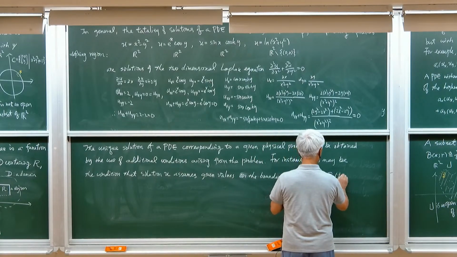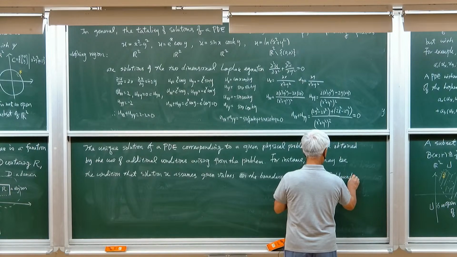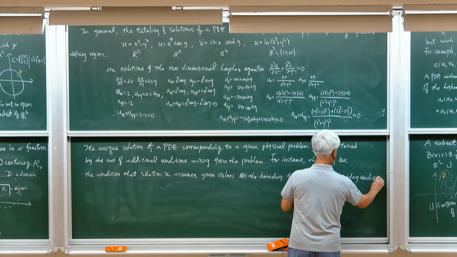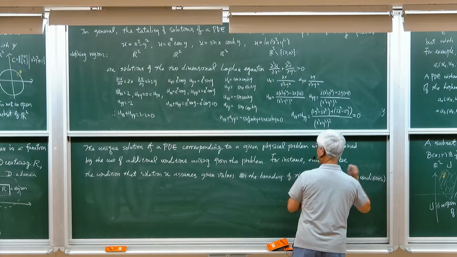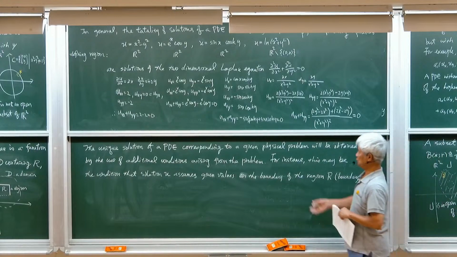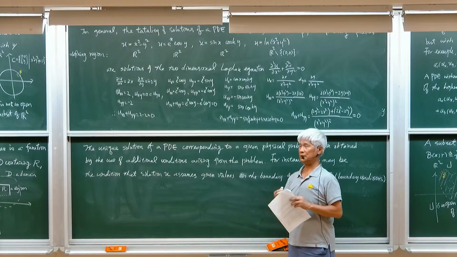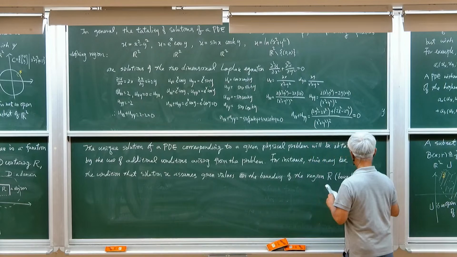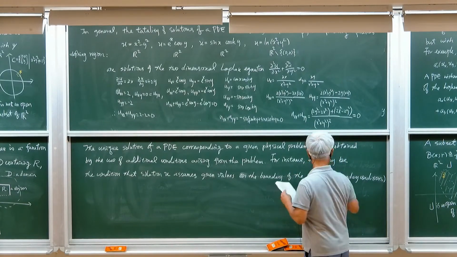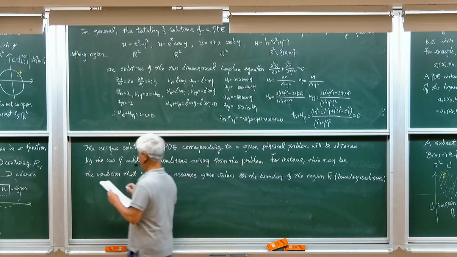So we call them boundary conditions. Alright? So we ask that the solution should assume some given values, okay, on the boundary of the defining region. So they are called boundary conditions.